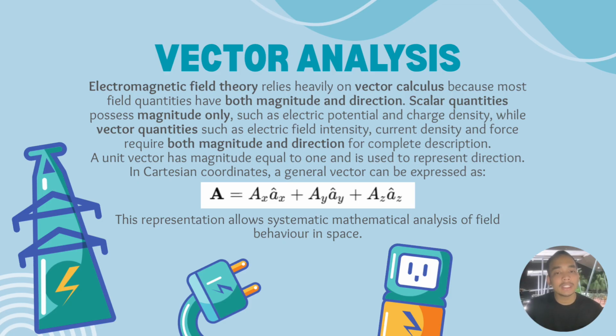A general vector in Cartesian coordinates can be written as A equals Ax plus Ay plus Az. This representation allows us to analyze field components along each coordinate axis separately.